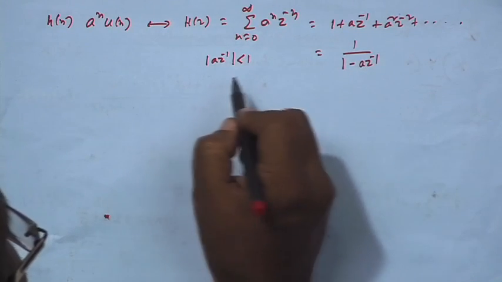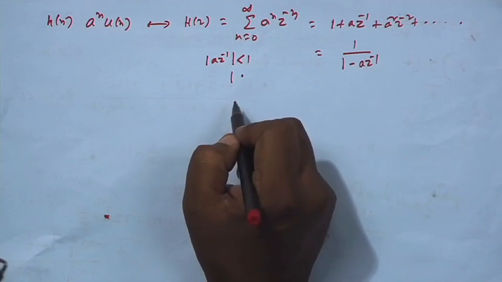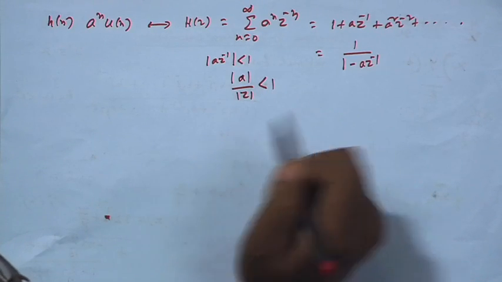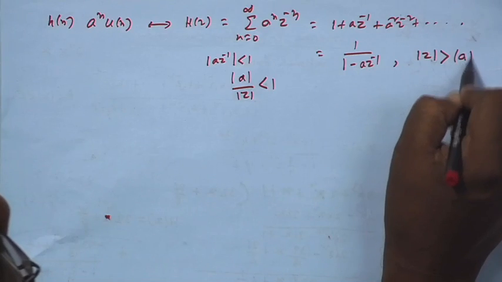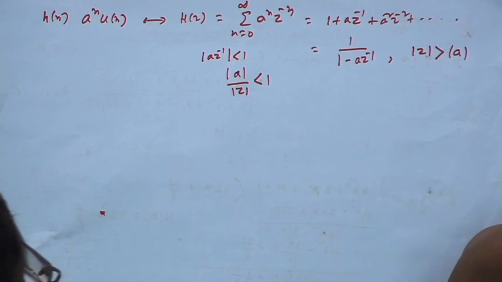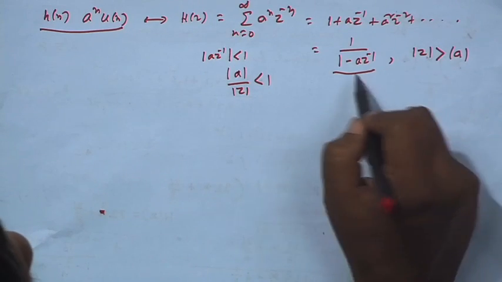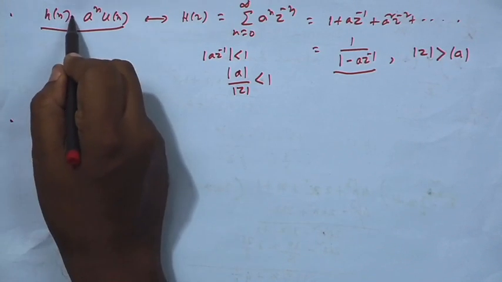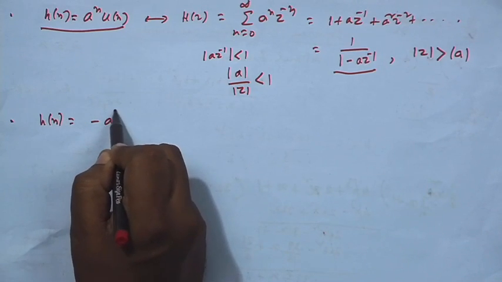But if it is true, this means mod a z inverse, which is mod a by mod z, is less than 1, which we have seen earlier. This means the ROC will be outside a circle of radius mod a. So, if I give you this sequence, its Z transform has ROC mod z greater than mod a. On the other hand, suppose I have h n is equal to minus a to the power n.